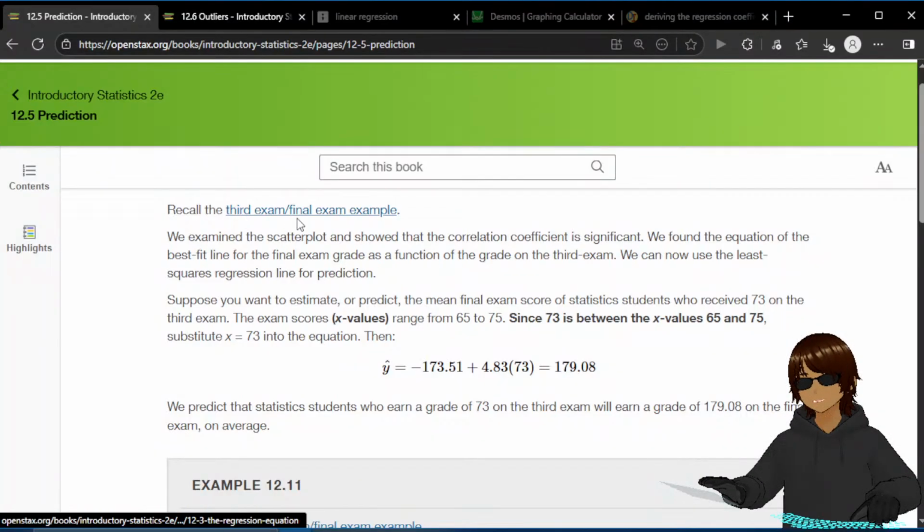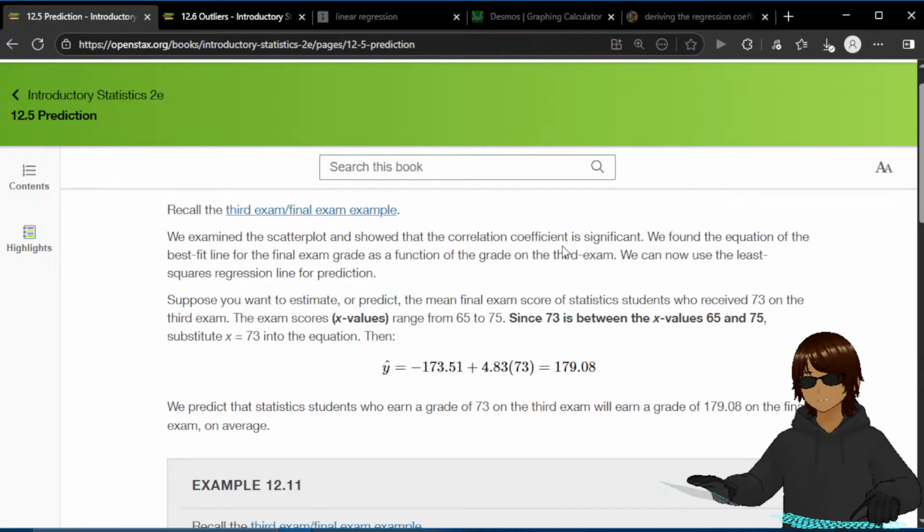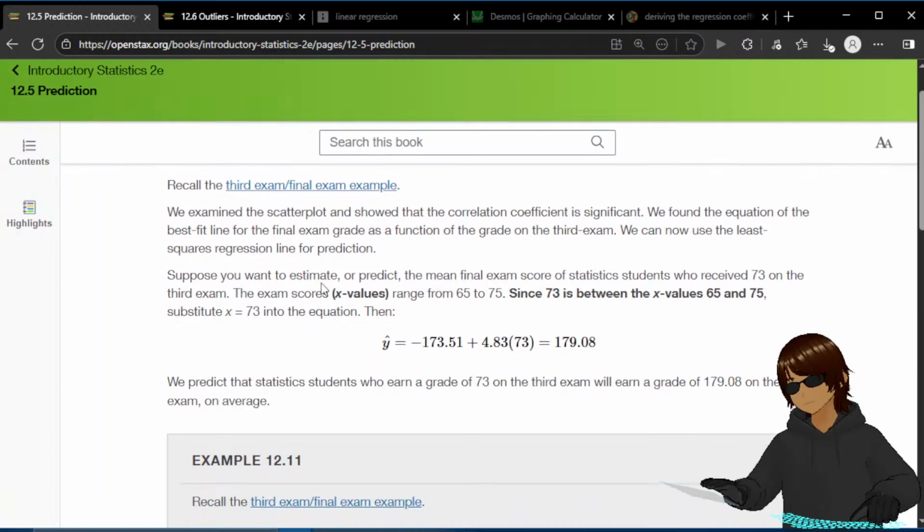Recall the third exam, final exam example. We examined the scatter plot and showed that the correlation coefficient is significant. We found the equation of the best fit line for the final exam grade as a function of the grade on the third exam. You can now use the least squares regression line for prediction. Suppose you want to estimate or predict the mean final exam score of a statistics student who received 73 on the third exam.